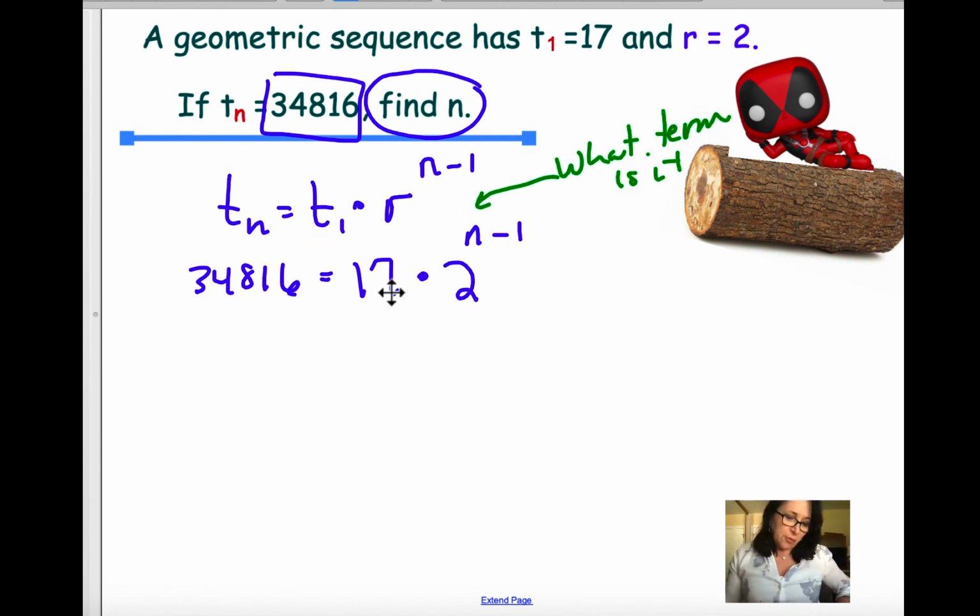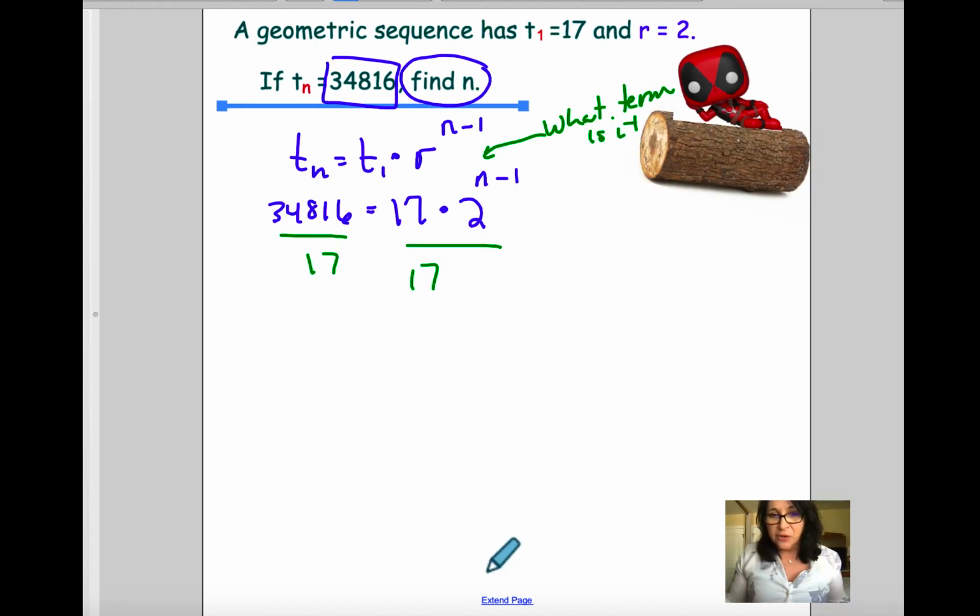First, we're going to divide both sides by 17 to lose the 17. 34,816 divided by 17 is 2048. So we have 2048 is equal to 2 to the n minus 1.